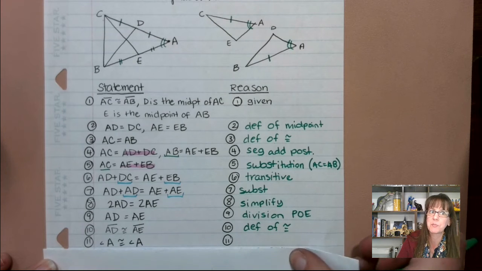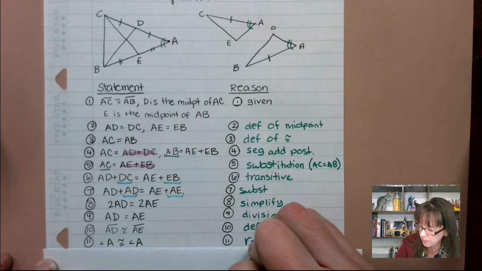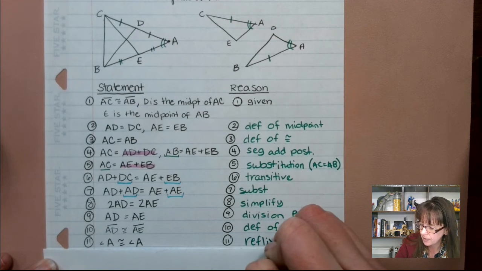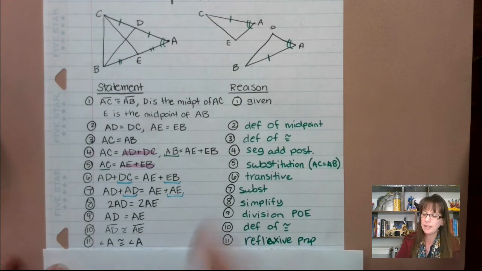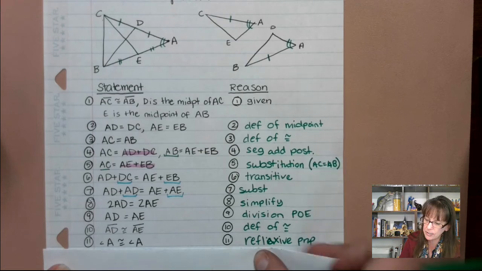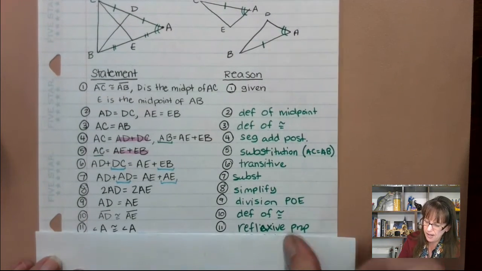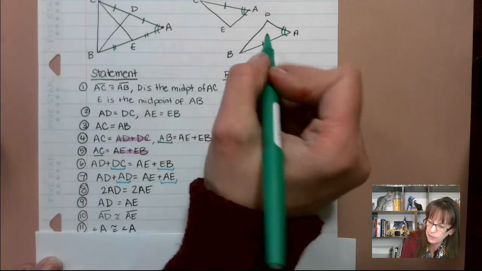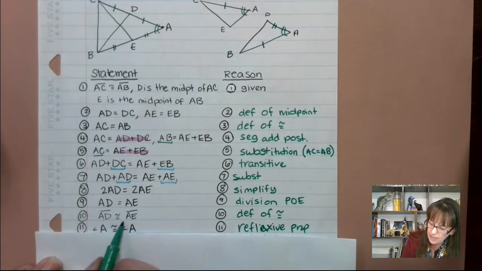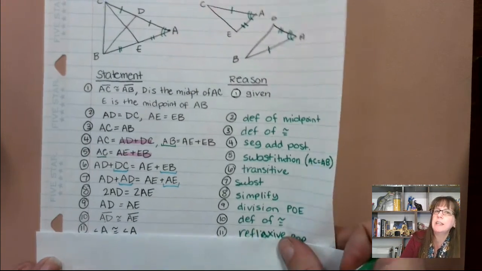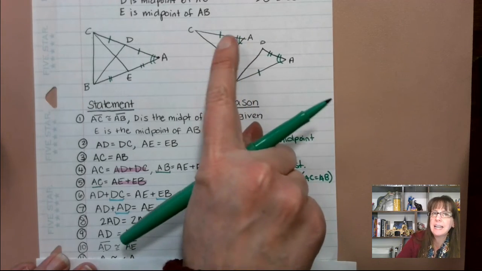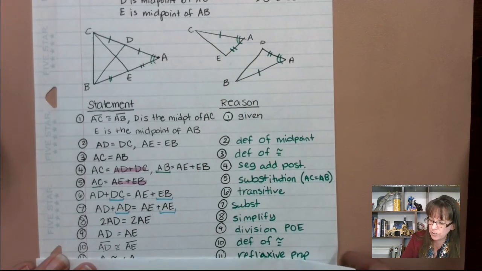But still, we don't assume anything in geometry. So we say reflexive property, allows us to say that about AE. Okay, so then we've got AE and, oh, whoops, I forgot to mark this guy. AD and AE. These are congruent. Oh, so this is really helpful because if you look at that, we now have angle side, that we can declare these triangles are congruent.